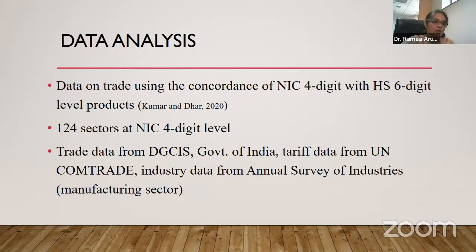Using that concordance, we have 124 sectors or industries at NIC 4-digit level. I've sourced the trade data from DGCIS, tariff data from UN Comtrade, and industry data from the Annual Survey of Industries for the manufacturing sector. So this is the formal manufacturing sector we are talking about.